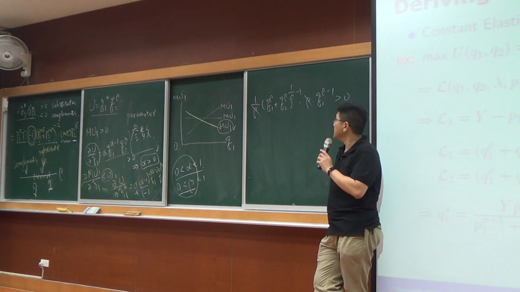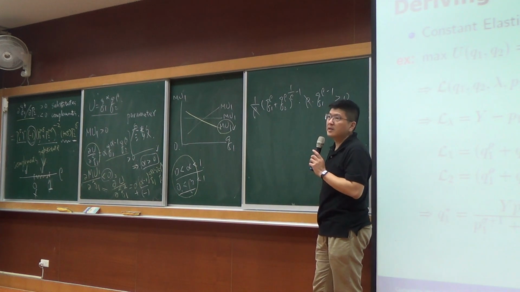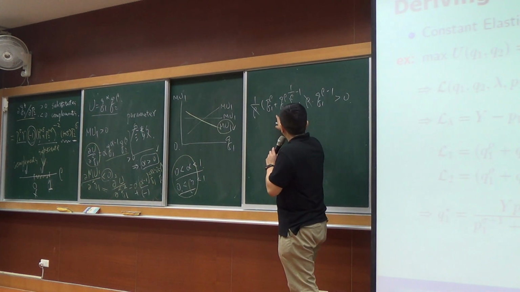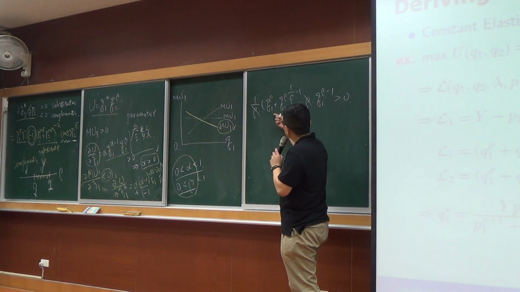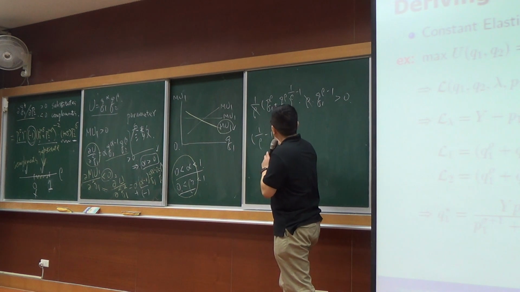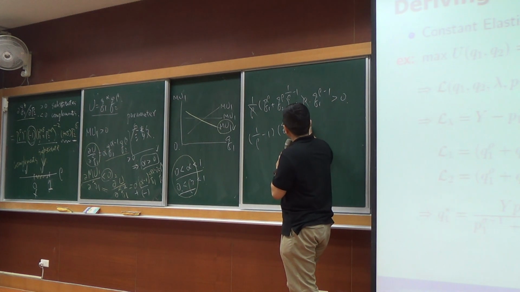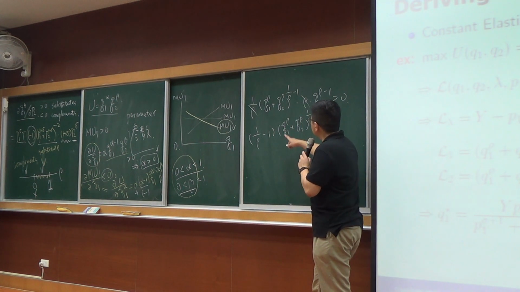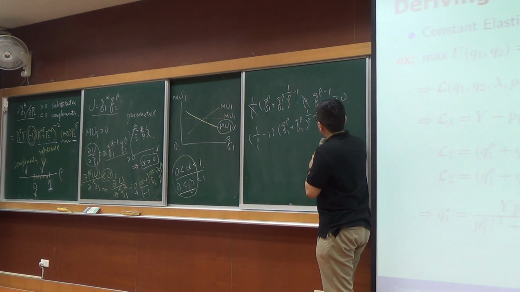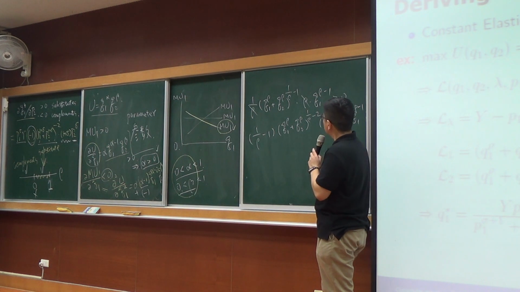And what if we want a diminishing marginal utility? What about this property? We just differentiate this term again with respect to q1. Let's deal with the first term first and hold the second term. It will be 1 over rho minus 1, times q1 to the power of rho plus q2 to the power of rho, to the power of 1 over rho minus 2, times rho q1 to the power of rho minus 1, times q1 to the power of rho minus 1, plus.